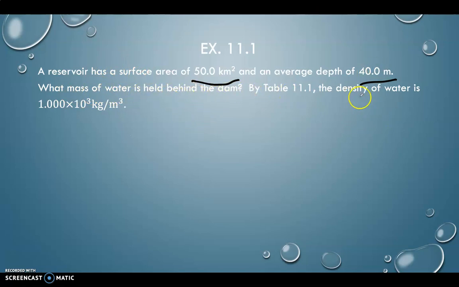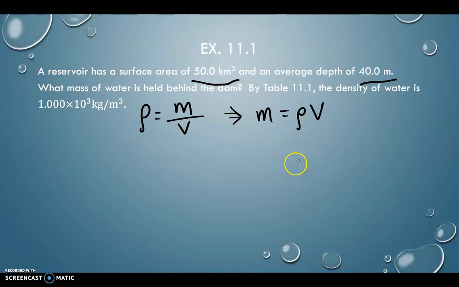It states the density of water is 1.0 times 10 to the third kilograms per meter cubed. So we want to know the mass of the water. We just found that the density equals mass over volume, and we can solve for our mass using algebra: mass is equal to our density times our volume.